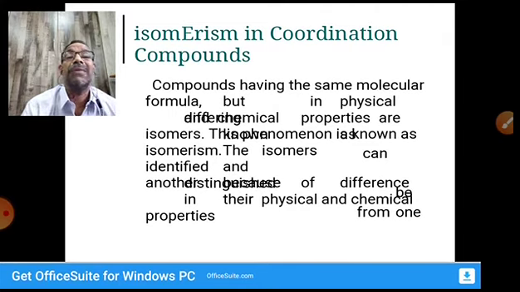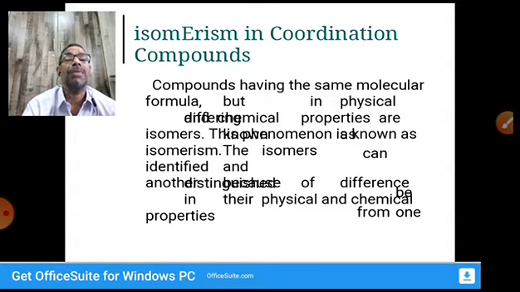Having the same molecular formula but different properties, this phenomenon is called isomerism. Compounds which differ in properties having the same formula are called isomers. The property or the phenomenon is called isomerism.